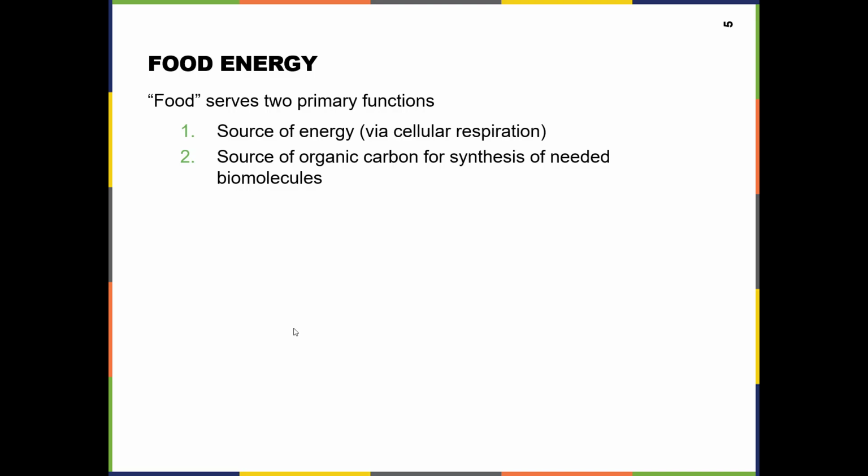So the energy of the covalent bonds of the food molecules is transferred into the energy in the bonds of ATP. And then your cell uses ATP for everything. So that's considered a source of energy.